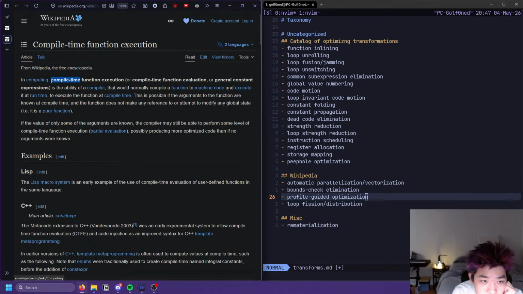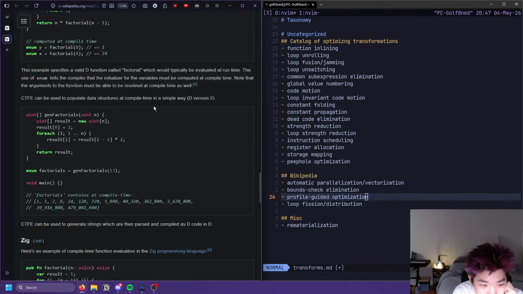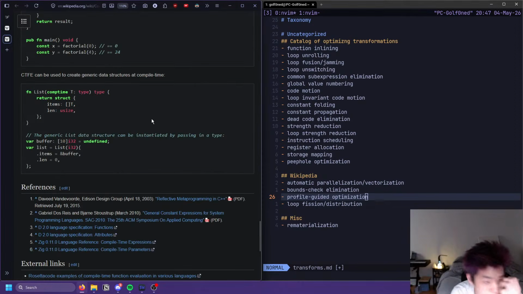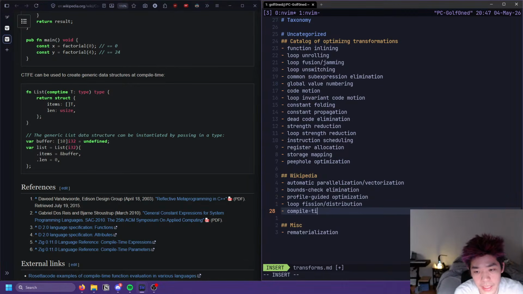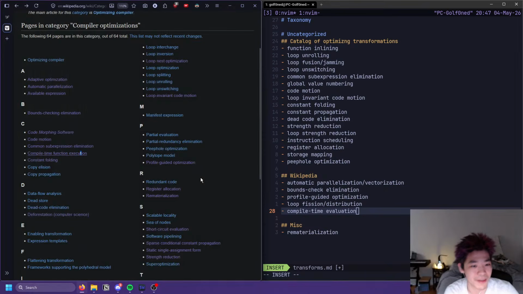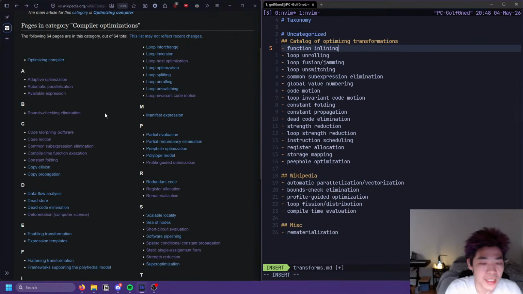So we could do compile time evaluation, I guess we could call it. The idea here is hopefully we can start creating logical groupings for things.